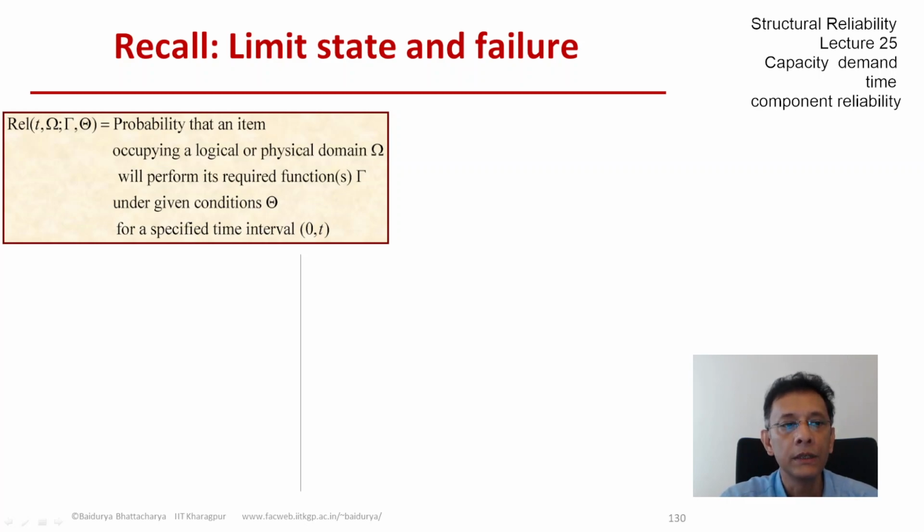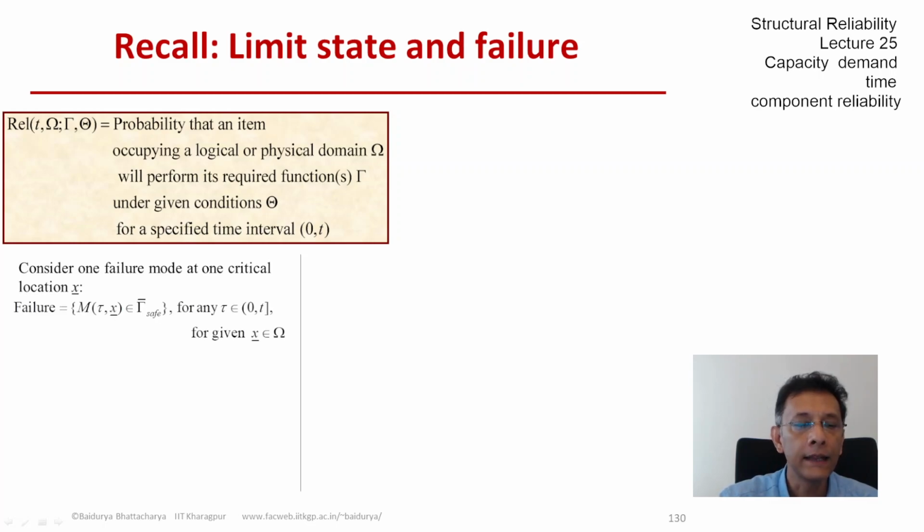This item occupies a logical or a physical domain, omega. So if we look at just one location or one identifier, x doesn't have to be a physical location, it's some identifier, and then we can define failure at that location as some safety margin going out of the safe set during any time in the reference period.